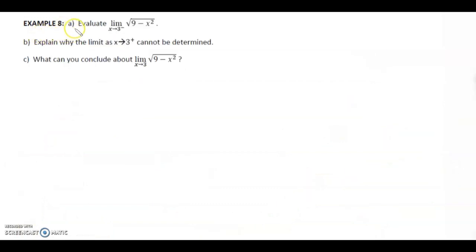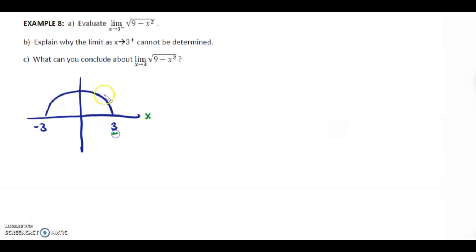Okay, example 8. A. Evaluate the limit as x approaches 3 from the left of the square root of 9 minus x squared. So the root of 9 minus x squared is going to be half a circle between the numbers -3 and 3. If we're assessing the limit as x approaches 3, as we come in to the 3, we're not actually coming in from this way.